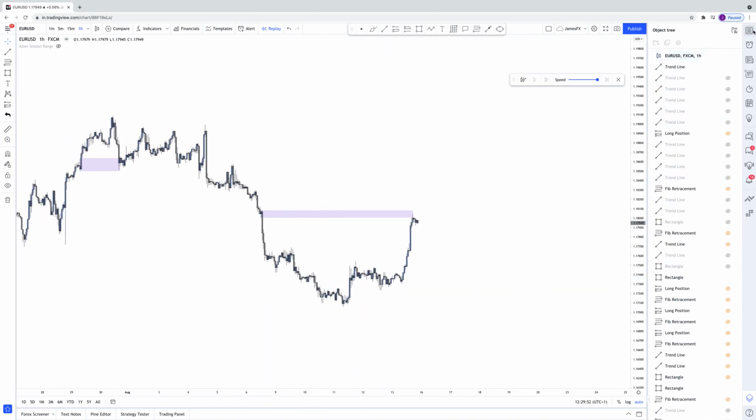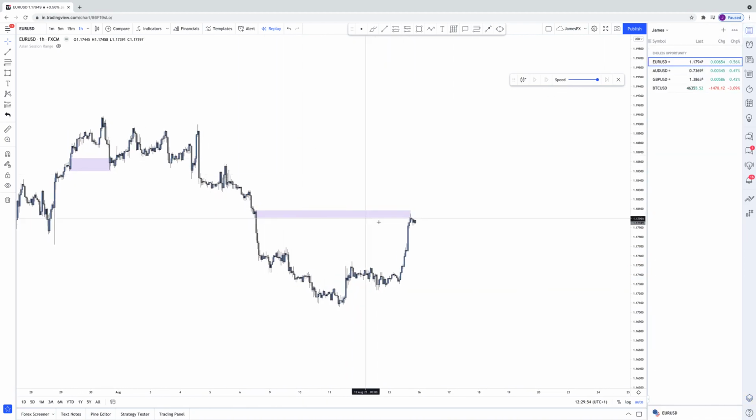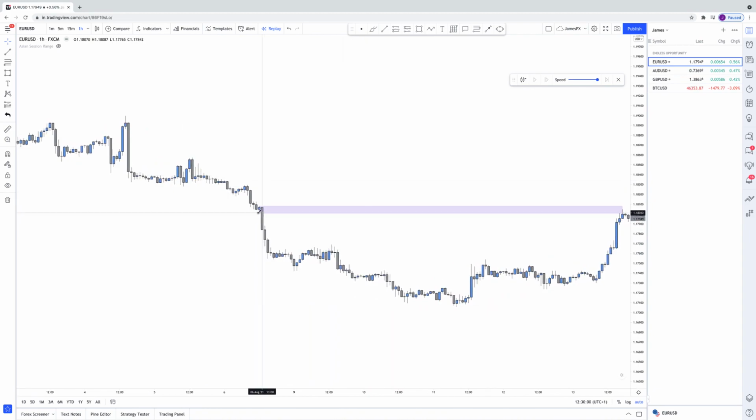Okay, so where price is now is we've taken out all these highs. We have this bullish candle, so we have a push down, a slight little pullback on a 15-minute time frame, and then a push down.